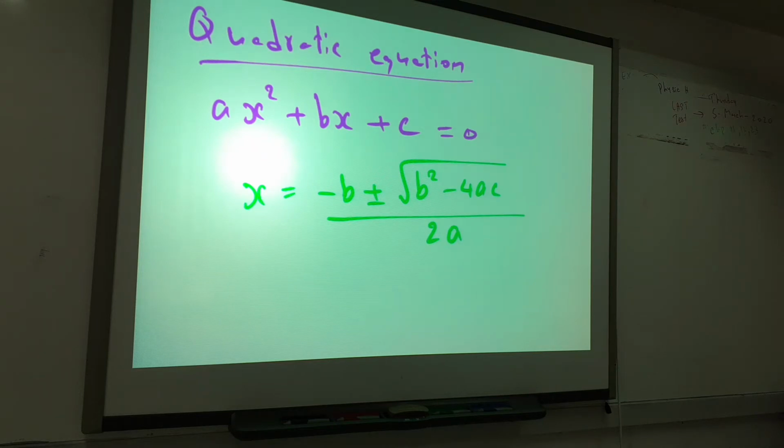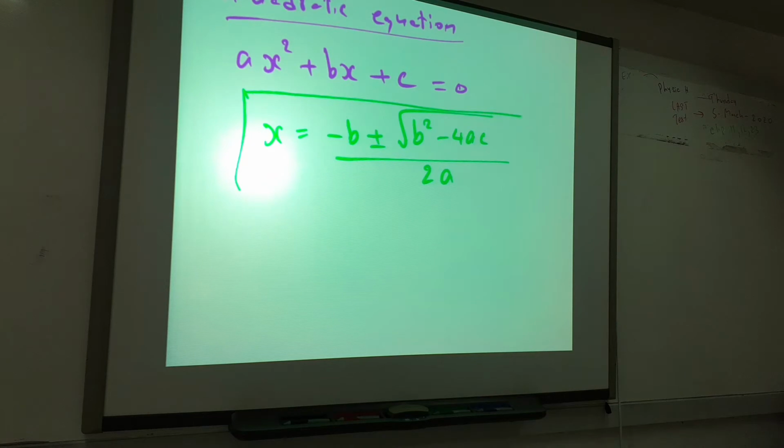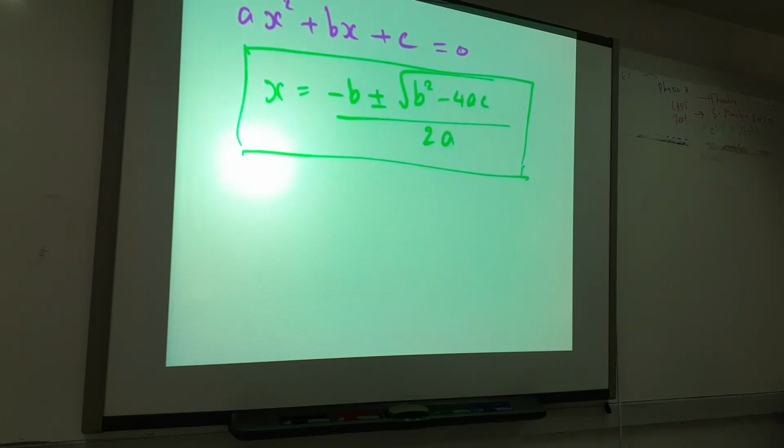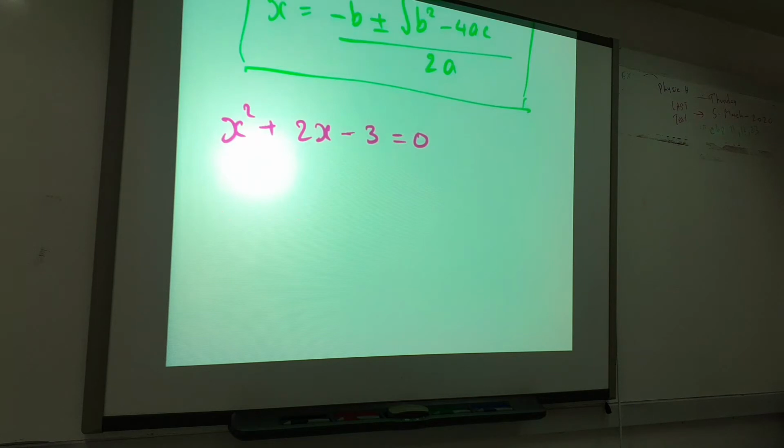This is the quadratic equation, used to find the answer. For instance, if you have a question like x squared plus 2x minus 3 equals 0, you can factor it before you use the formula.